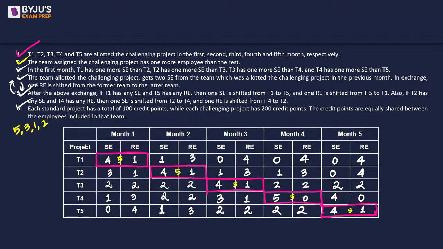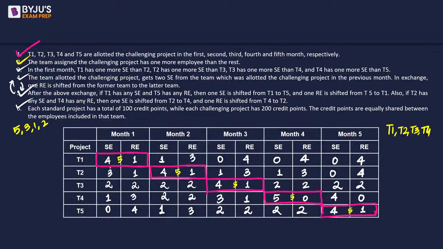So, is it a possibility that Anik worked only in project T1, T2, T3 and T4? It is possible. See, the first option is T1, T2, T3 and T4. Is it possible?